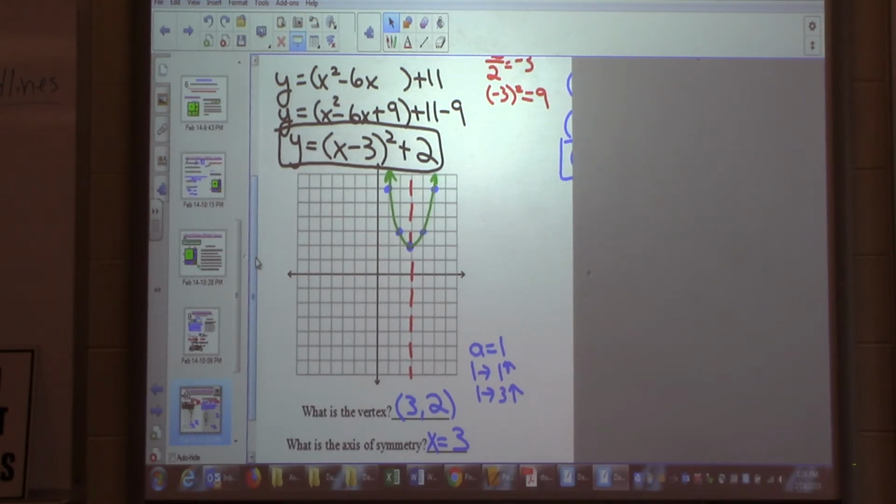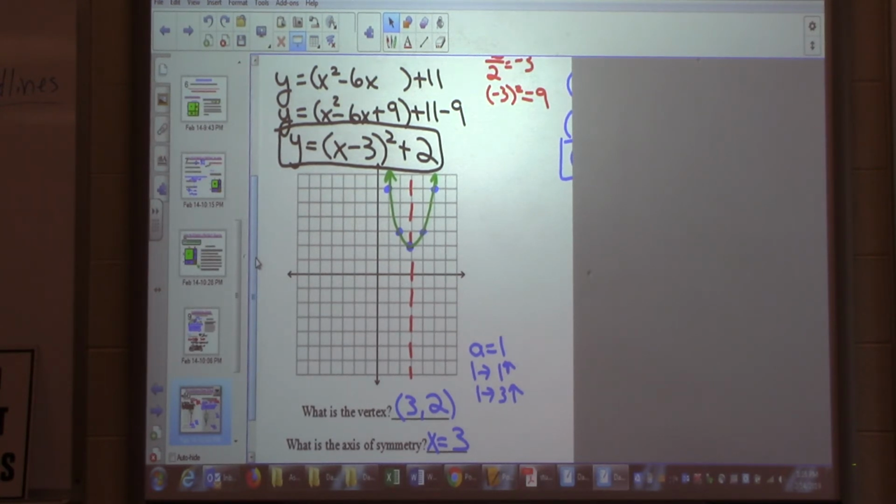So we're looking at this, it says y equals a times x minus h squared plus k. So that's our vertex form, right? A is always the number out front. A is going to equal 2. H: minus h is going to be minus 3, so h is going to be 3. If I put negative 3 here, it'd be plus 3, because minus negative 3 would be plus 3.